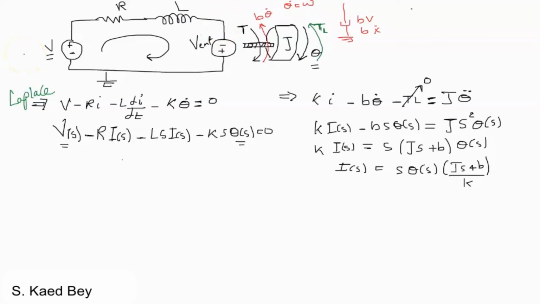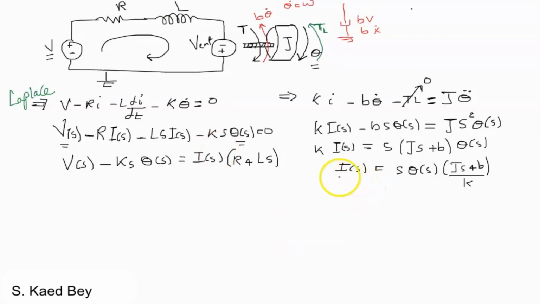Now going back to the electrical equation and taking I(s) as a common factor, we have V(s) minus K s theta(s) equal to I(s) into R plus L s.